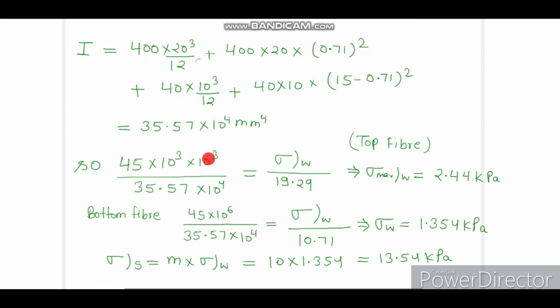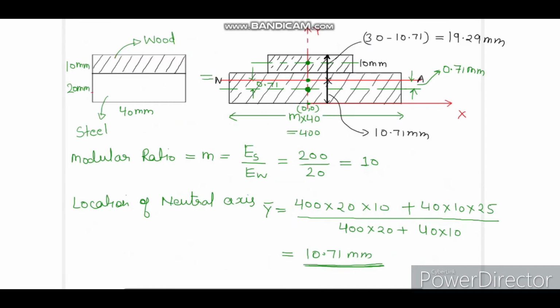This is the maximum bending moment, this is the moment of inertia, and this is the maximum bending stress at the top fiber. In the figure, the distance of the top fiber from the neutral axis is 30 minus 10.71, which is 19.29 mm, and this distance is 10.71 mm.